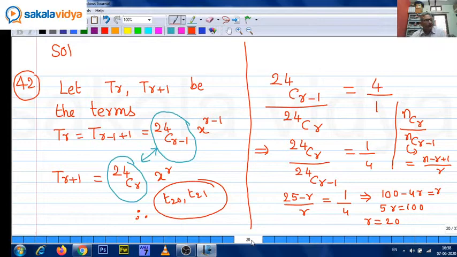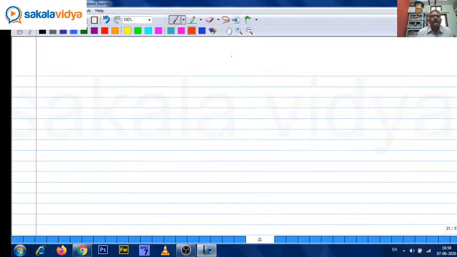Yes, r is equal to 20. Forty-three. Right, 43.